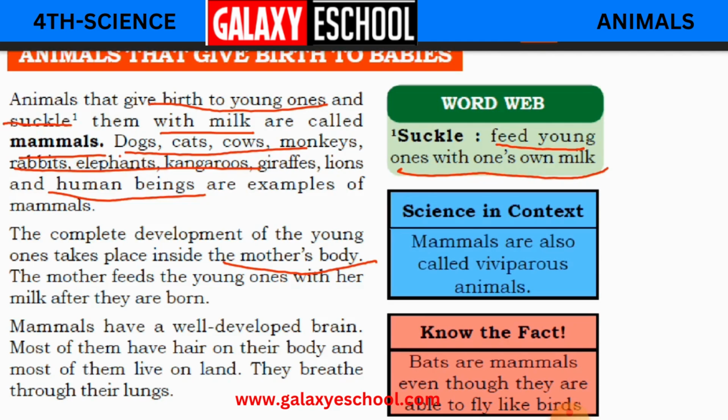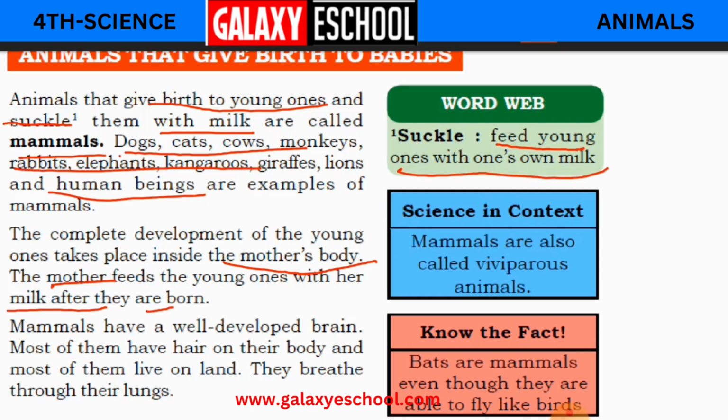But for mammals, the complete development of the young ones takes place inside the mother's body. The mother feeds the young ones with her milk after they are born. So after they are born, how are they able to get food, children? The mother feeds the young ones, as we also get milk from our mother when we are born. In the same way, animals like dogs, cats and cows feed their babies with their milk. Okay, children?